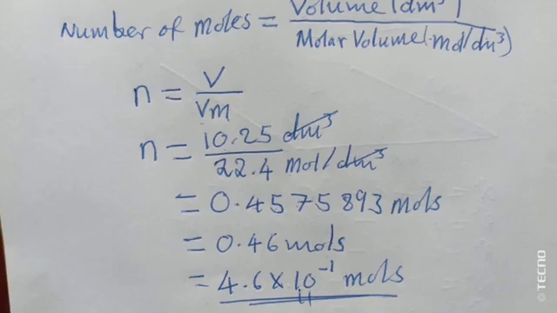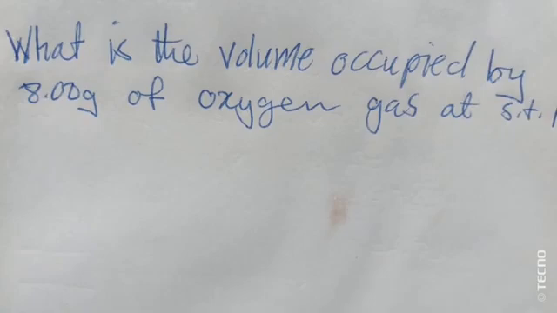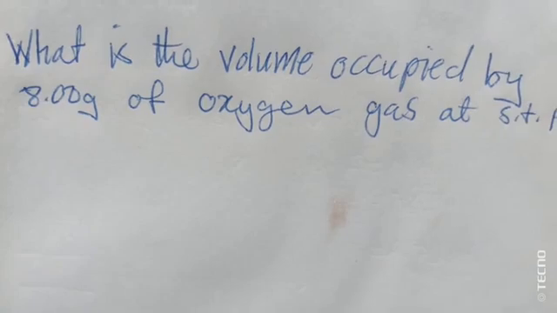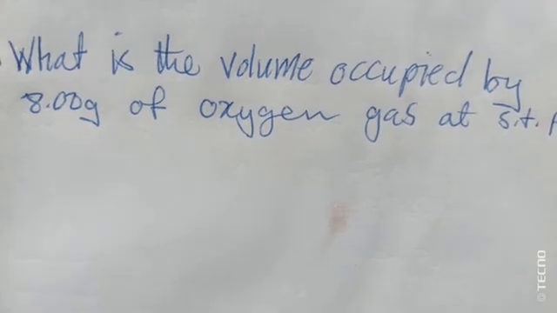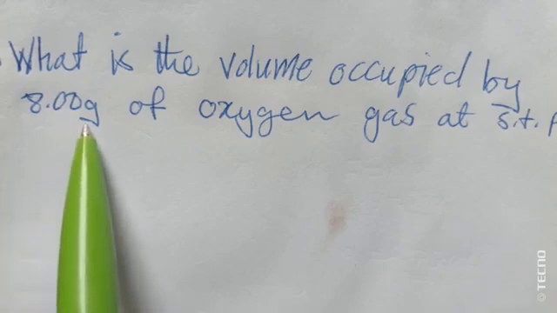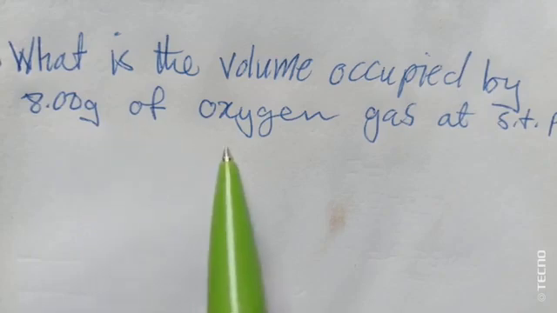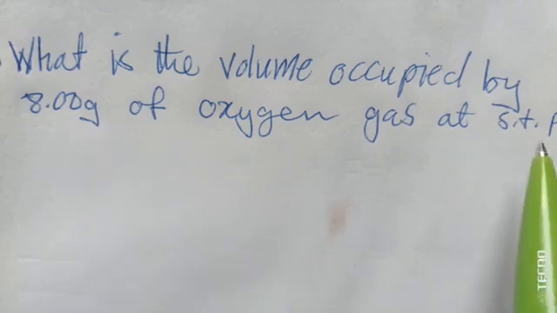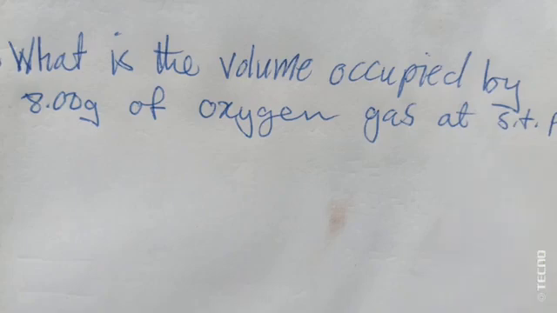So let's again go to the next question. This is the second example. The question is, what is the volume occupied by 8.00 gram of oxygen gas at STP? So even this question is at STP.